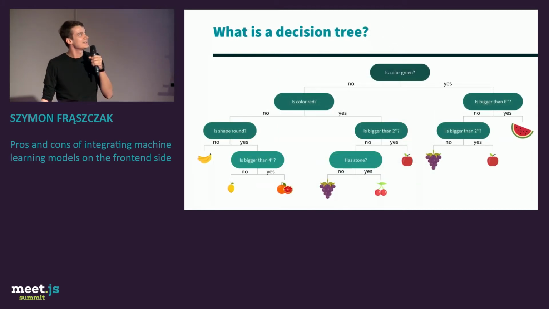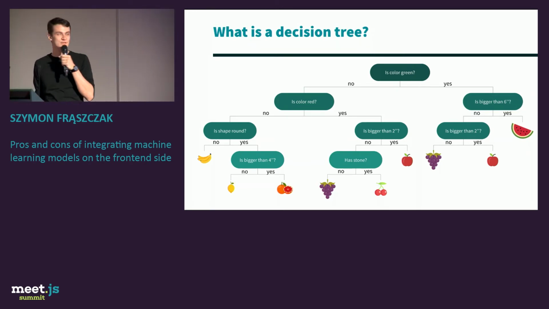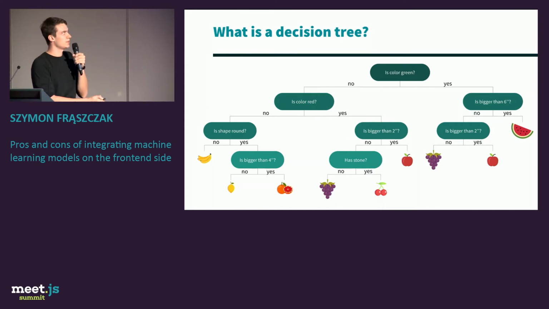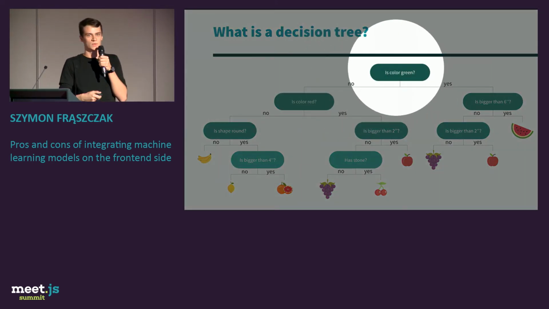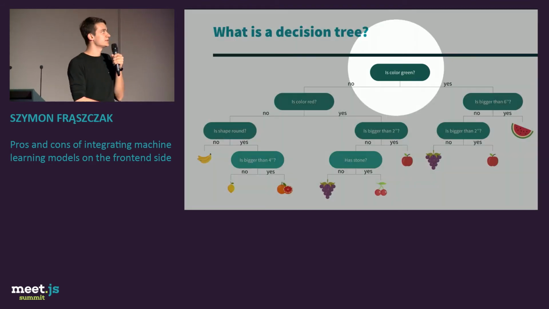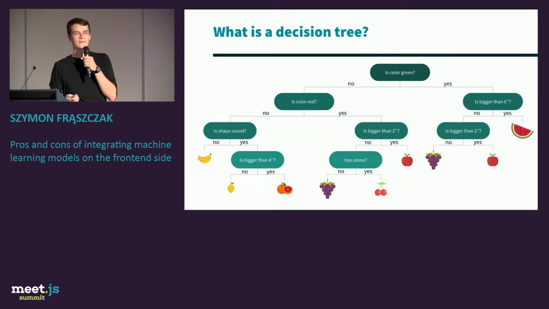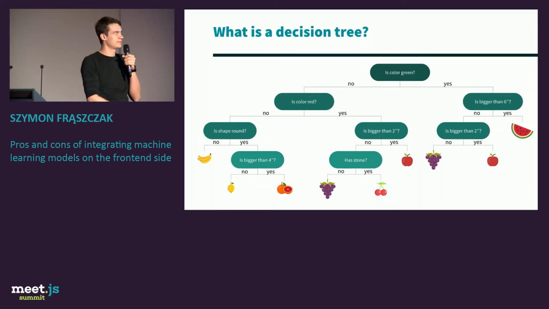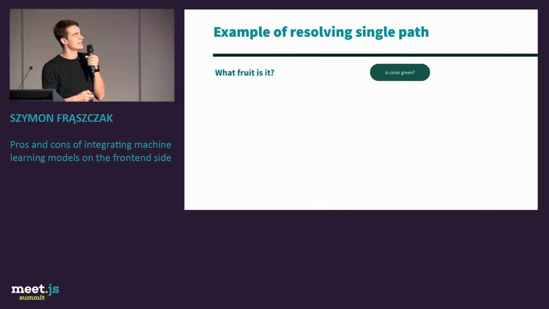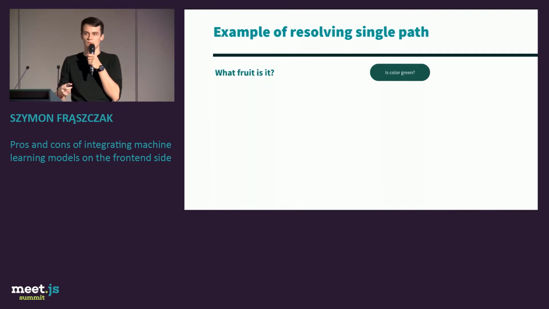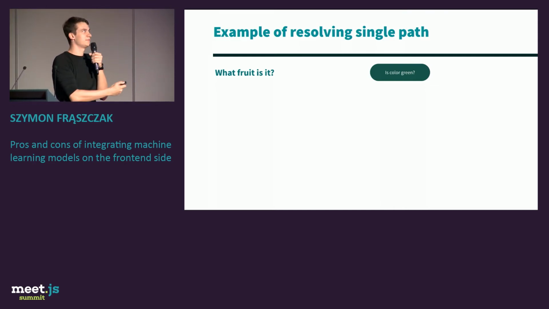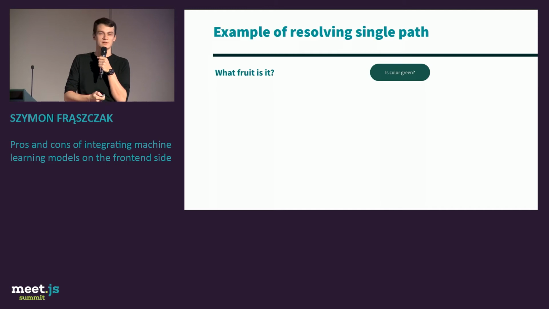Here you can see an example of a decision tree, and let's call it the fruity tree. In the green leaves, we have our features that we are making decisions on, and in the branches, we have the decisions. In order to get the final prediction, we have to resolve a single path, and here we can see an example which answers what fruit it is. What we need to do is check the first feature.